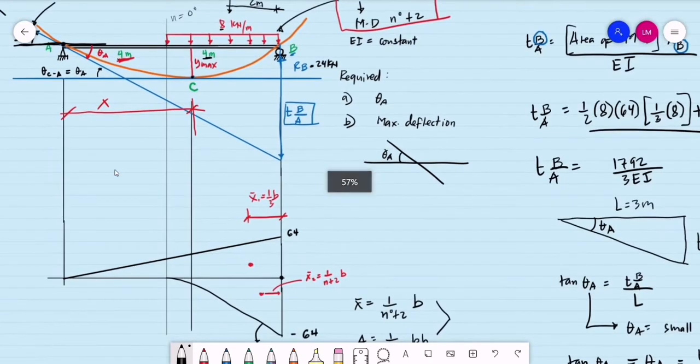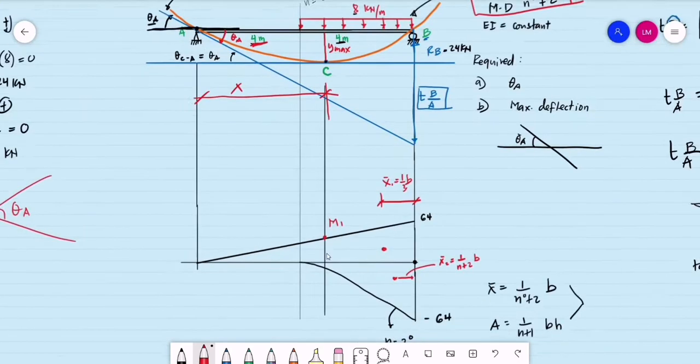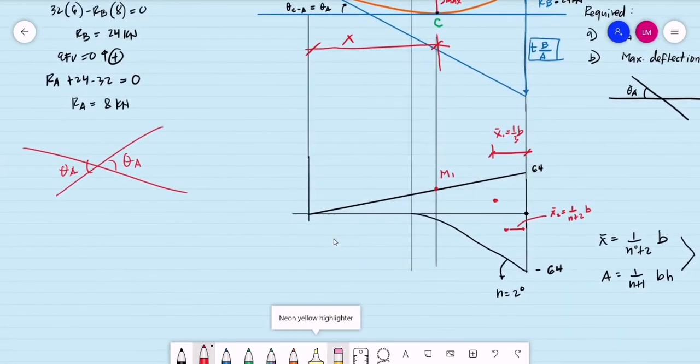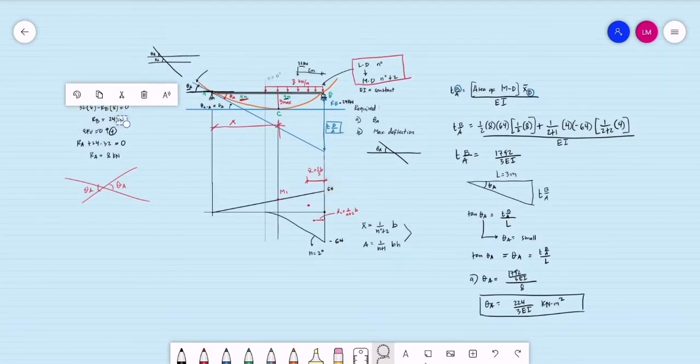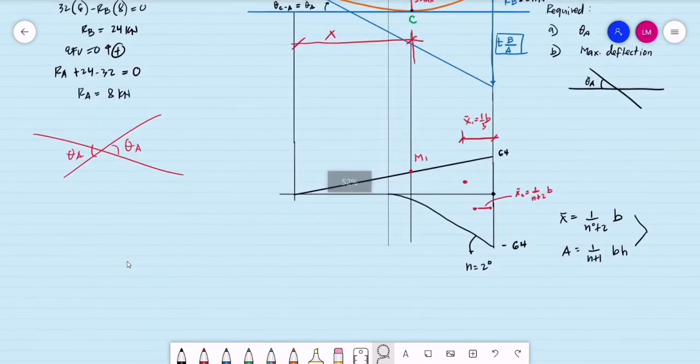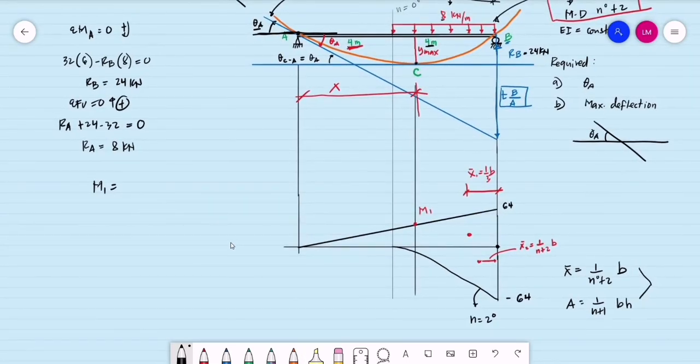Let's say the magnitude of the moment at this point will be moment number 1. So what is the magnitude of moment number 1? It is simply equal to the support reaction at A, that is 8 kilonewtons from a while ago, so 8 times x.